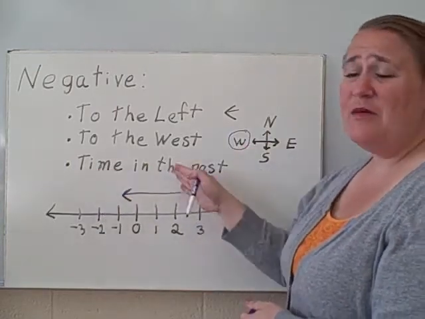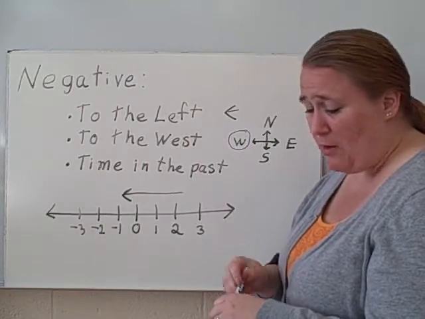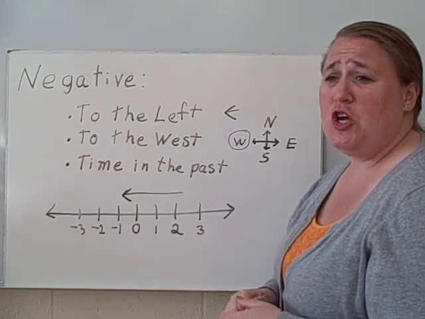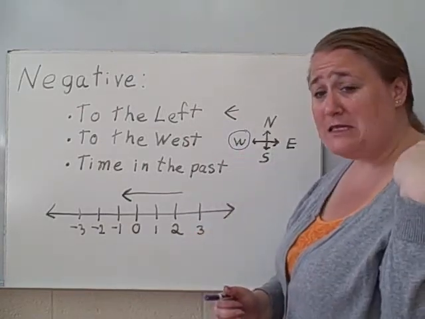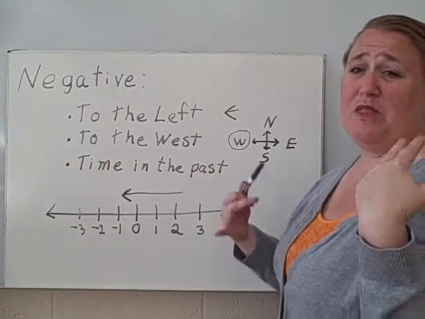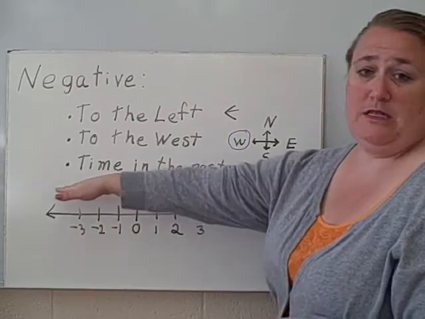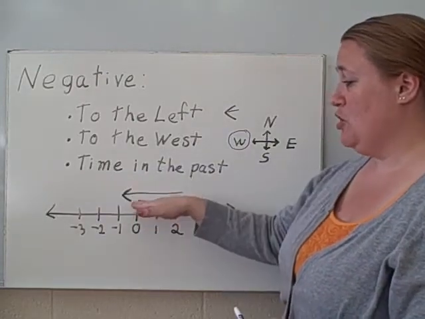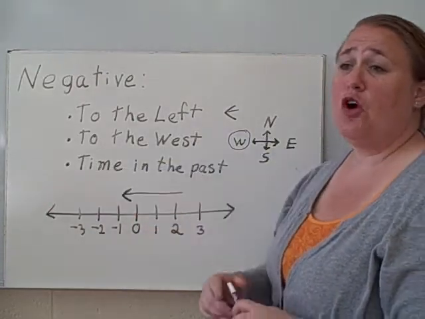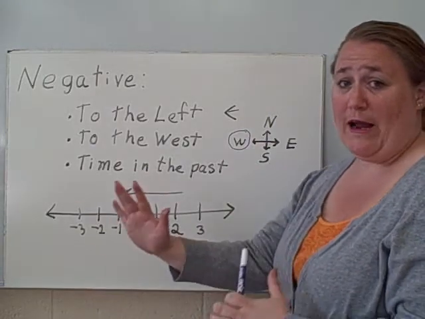And then time in the past. When we talk about math problems, we're talking about things that happened in the past. We represent those with negative numbers. When you move down a number line in the left direction, you're also moving in a negative direction.